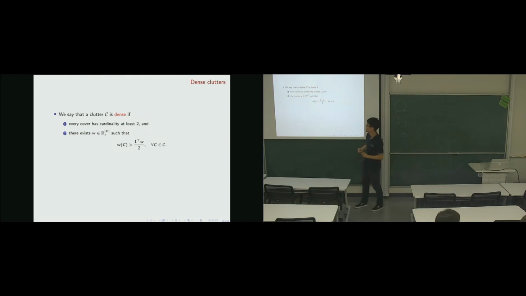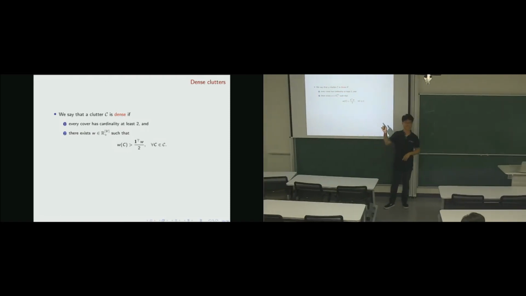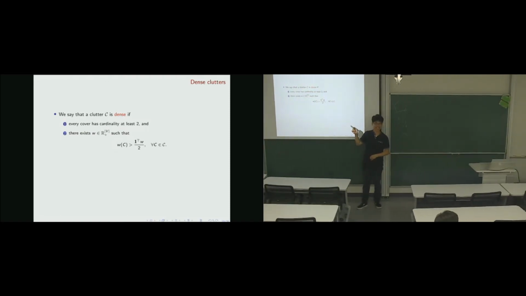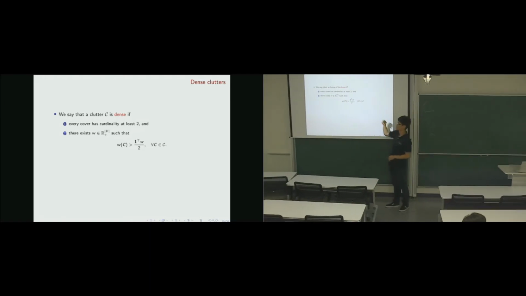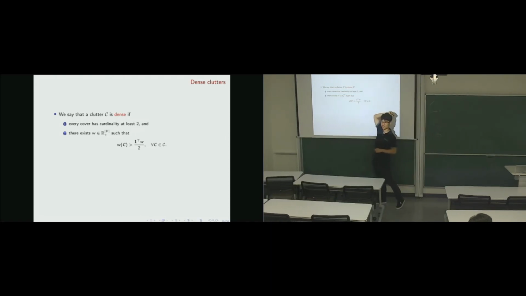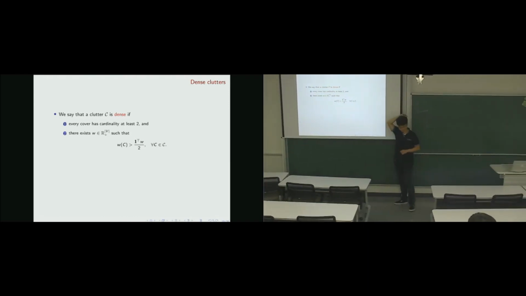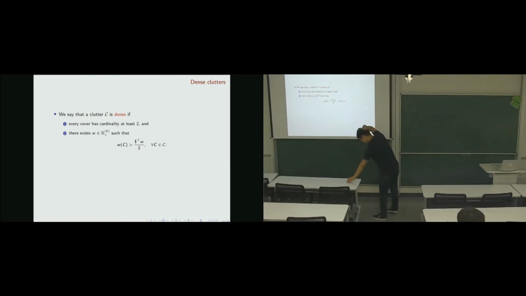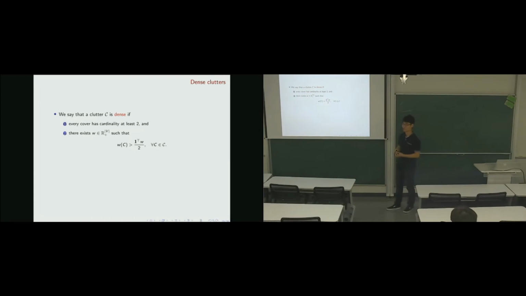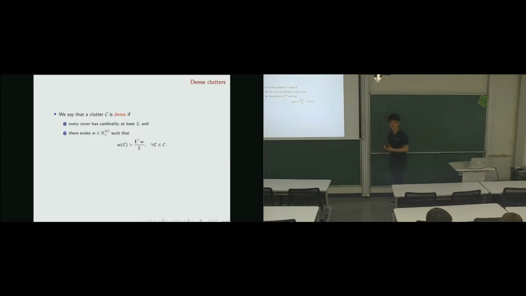Okay. So we say that a clutter is dense if it satisfies the following 2 conditions. The first one is that every cover has size at least 2. This one is not an artificial condition, because if you have a cover of size 1, it means that there's an element contained in all members.